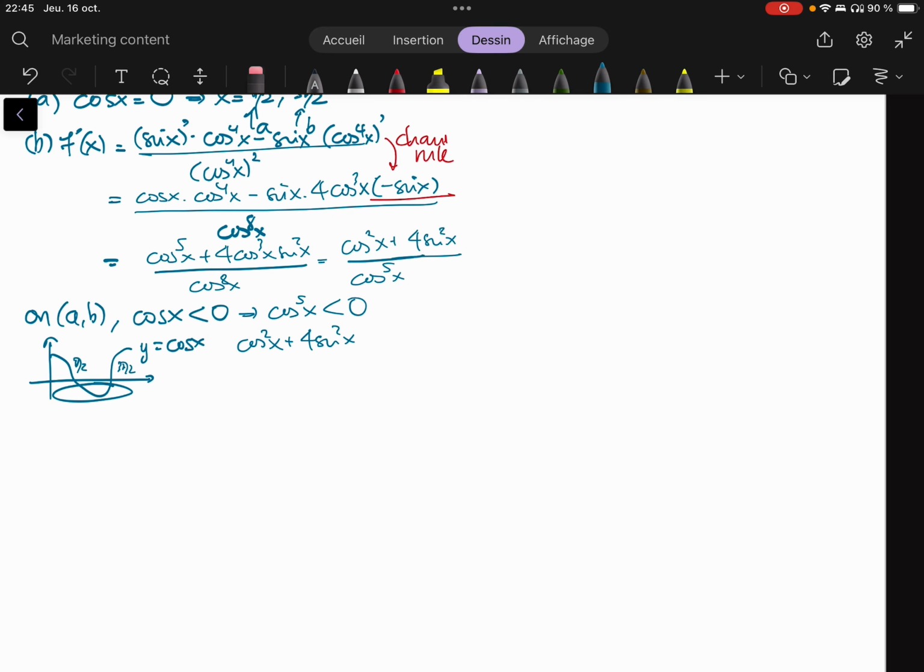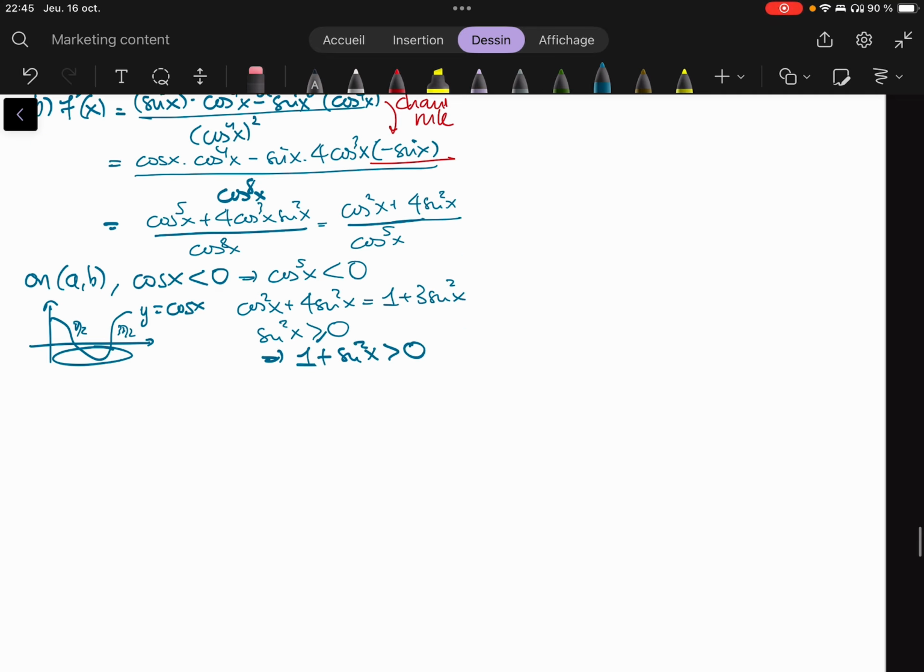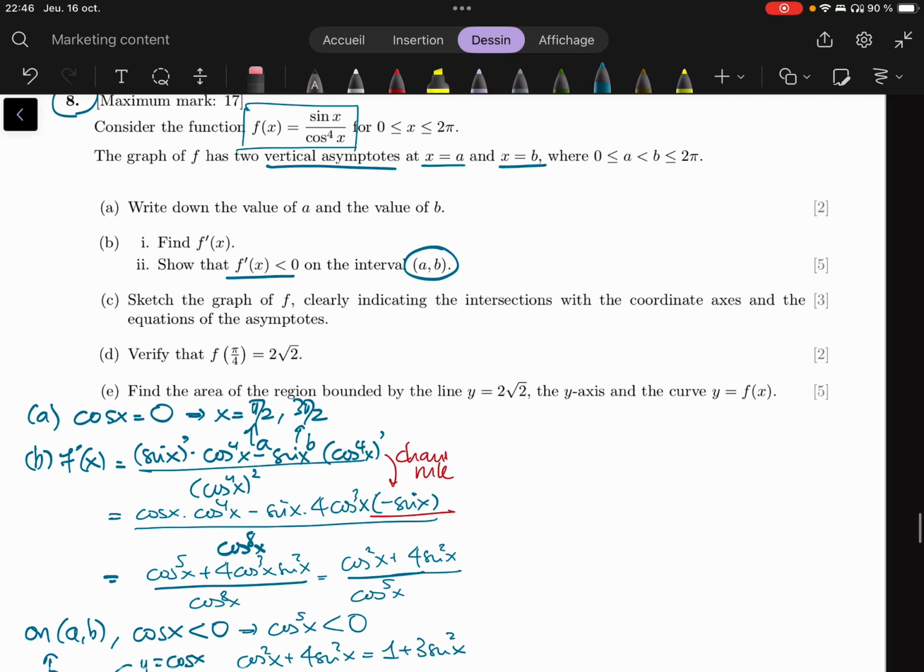Furthermore, cos squared plus 4 sine squared is equal to 1 plus 3 sine squared of x. We know that sine squared of x has to be positive. Therefore, 1 plus 3 sine squared of x also has to be positive. Thus, f prime of x has to be less than or equal to 0 on the interval from a to b. And this also implies that f is decreasing on this interval.